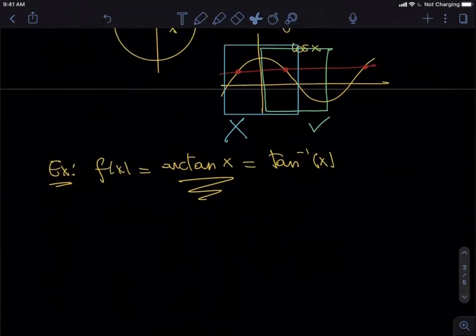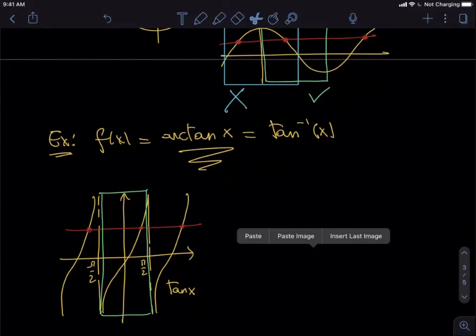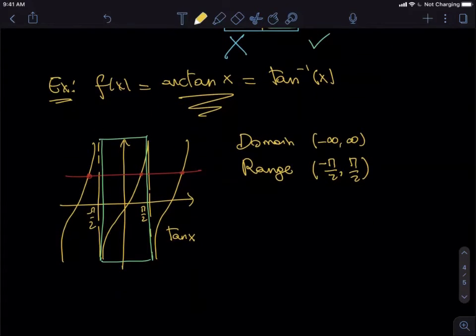In this case, we have the tangent, and the domain is going to be negative infinity to infinity, and the range is going to be negative pi over 2 to pi over 2. Notice that I'm not including pi over 2 or negative pi over 2 because there is an asymptote. So the arctangent never really gets there, okay?